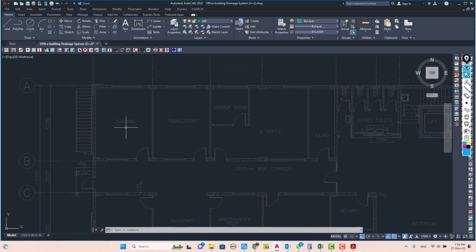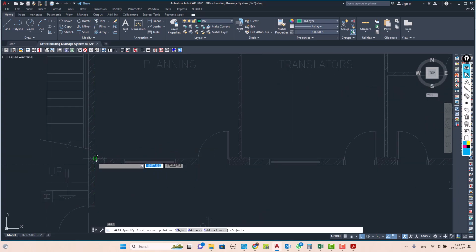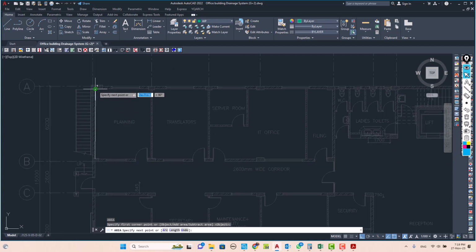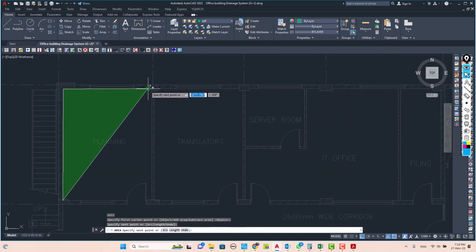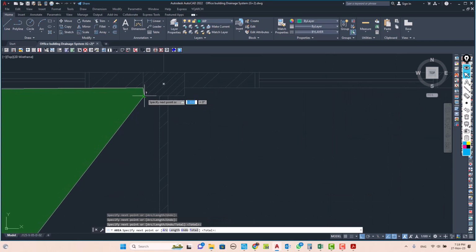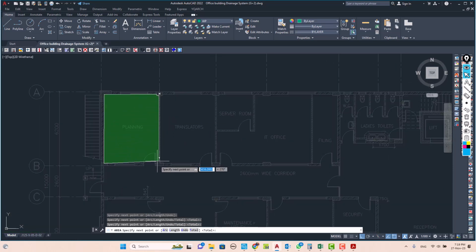See, this is AutoCAD. If we do AA and make the area like this, like this, like this, then the area will be here. It will take too much time.